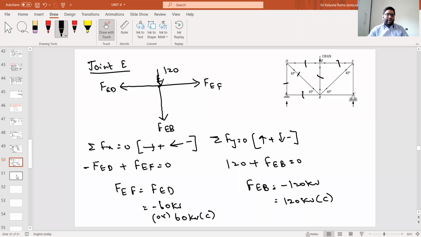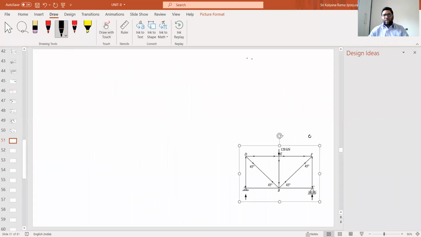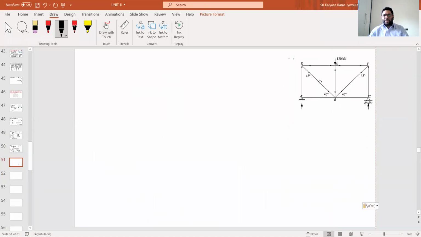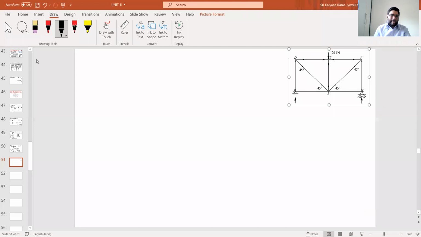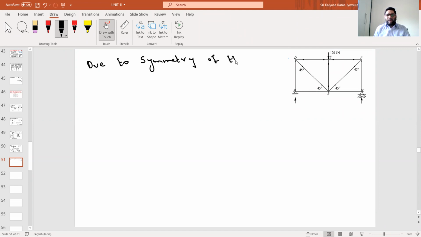But simply you can write due to symmetry of the truss, FAB is equal to FCB, FAD is equal to FCF, FDB is equal to FEB.